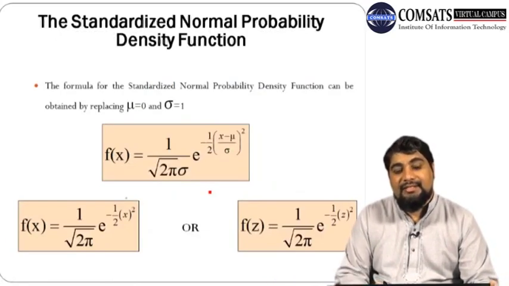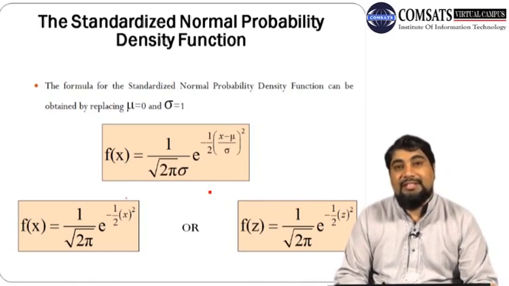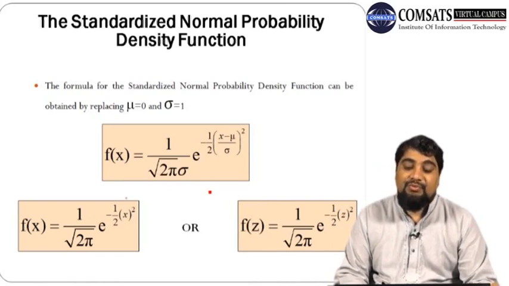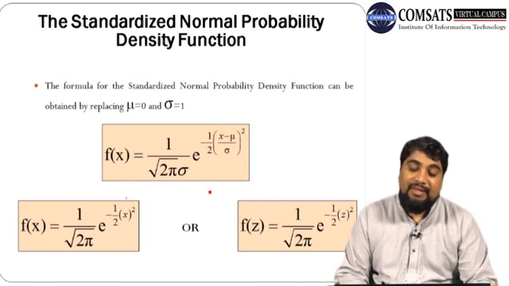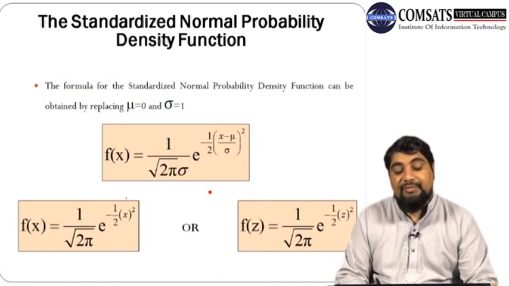So now let us discuss the standardized normal probability density function. Note that the formula for the standardized normal probability function can be obtained by replacing mu with 0 and sigma with 1 in the original density function of the random variable.